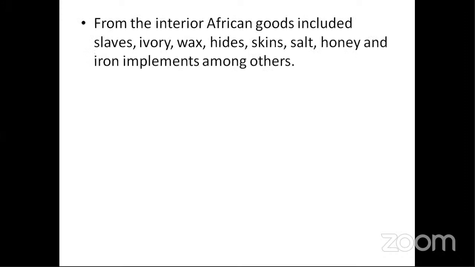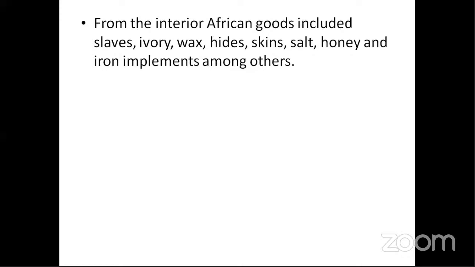Then we have from the interior goods such as slaves, ivory, wax, hides, skins, salt, honey, and iron implements, among others. We are just giving a few of the goods that these people exchanged for what they never had. Are you getting it? Slaves, ivory.